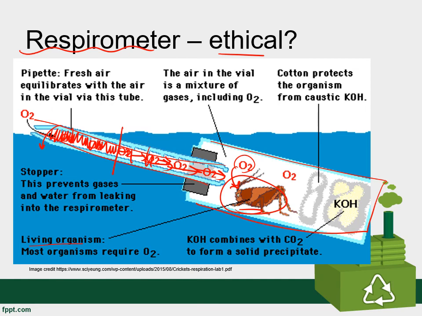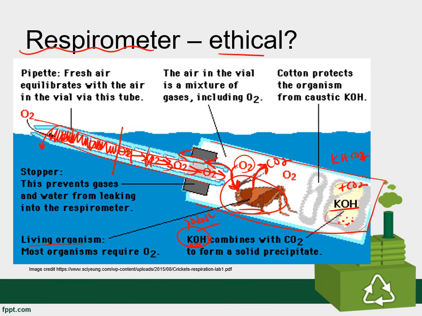Now you might be thinking, but wait, the cricket's also making CO2. So every O2 that comes in, a CO2 is going to go out, and won't that push the water back the other way? Yes, it would, except we're going to add some potassium hydroxide, also known as potash, and that CO2 is going to combine with this to make potassium hydrogen carbonate, which is a solid, which is just going to stick to whatever this material is.